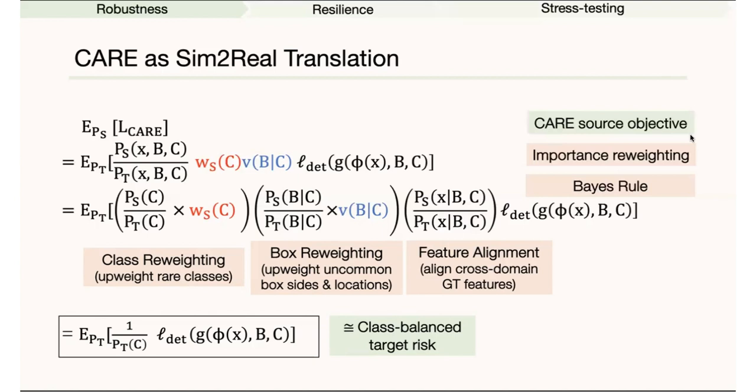Wait, you don't have to estimate the... okay. How many of the terms cancel out? So these cancel out, and this approximately cancels out if you can assume that feature alignment is equivalent. So we're doing this alignment in feature space, not in input space.